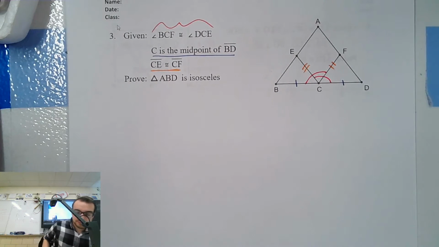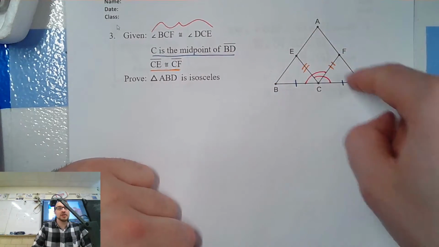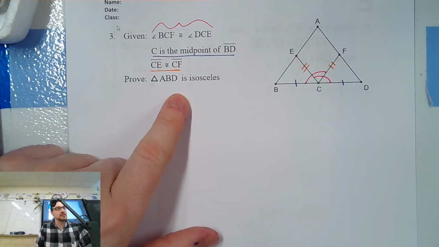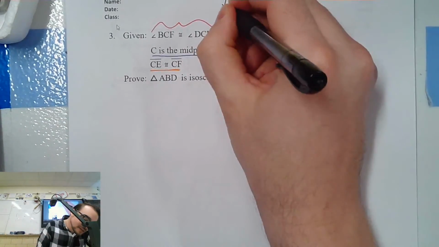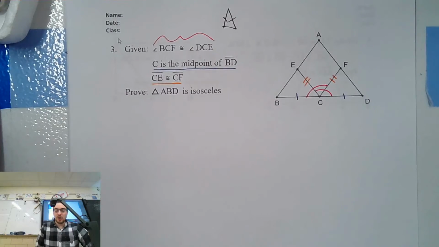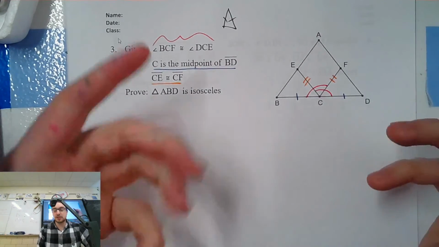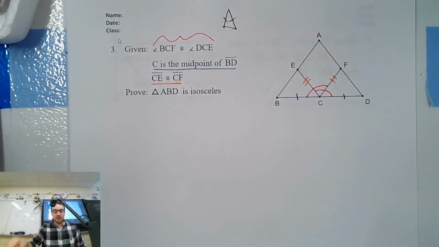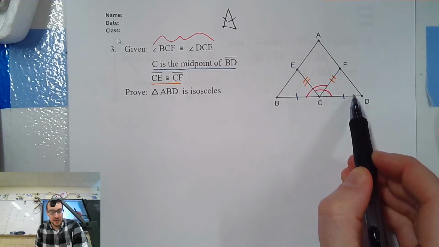All right, so we want to prove that ABD, that's the big triangle, the whole big thing, is isosceles. Remember, the definition of an isosceles triangle is two sides the same, right? So if we can prove two sides are the same, then we win. Here's my logic. If I can prove these two angles are congruent, then that means the two sides are, right?